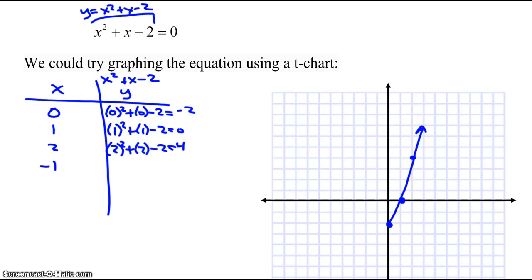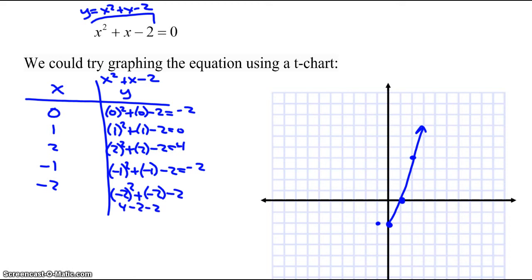What's negative 1? Well, if I have negative 1 squared plus negative 1 minus 2, that's going to be 1 minus 1, that's 0, minus 2. So that's actually going to be negative 2. So at negative 1, this is negative 2. Kind of curious. Let's see what negative 2 is. Negative 2 squared plus negative 2 minus 2. So that's going to be 4 minus 2 minus 2.